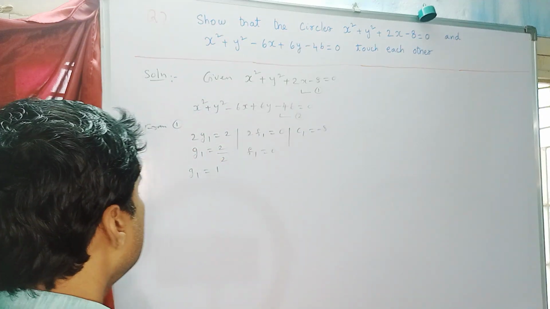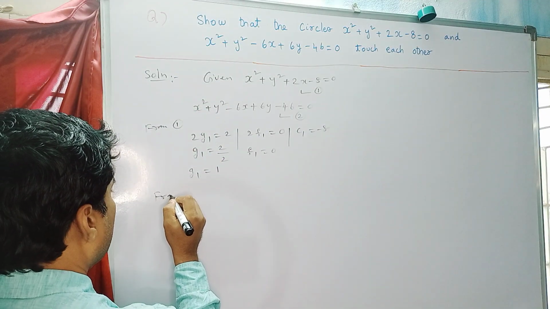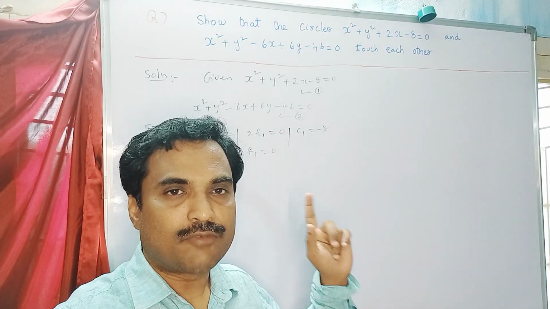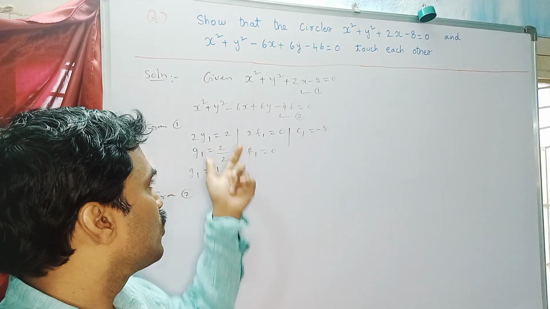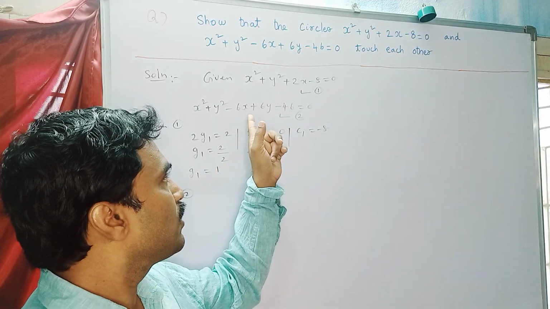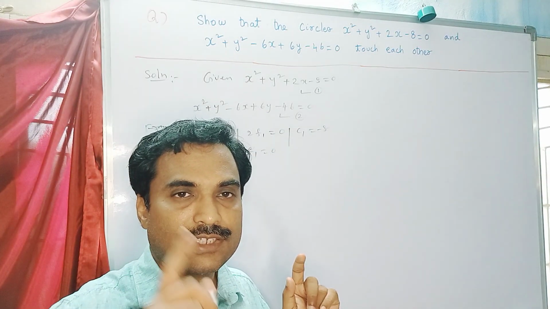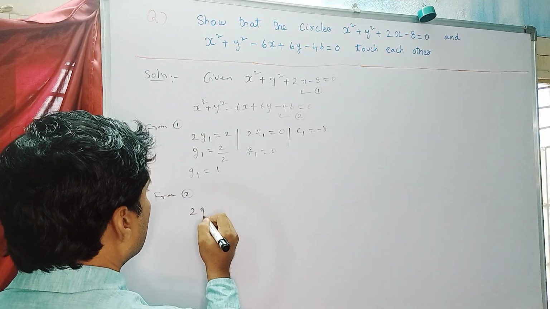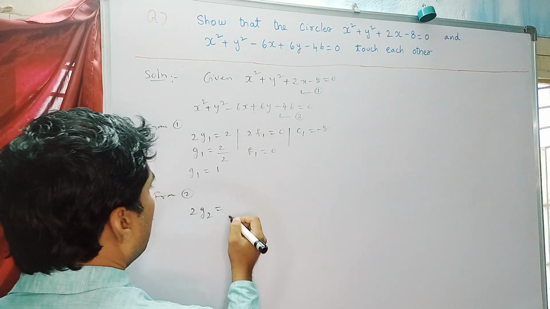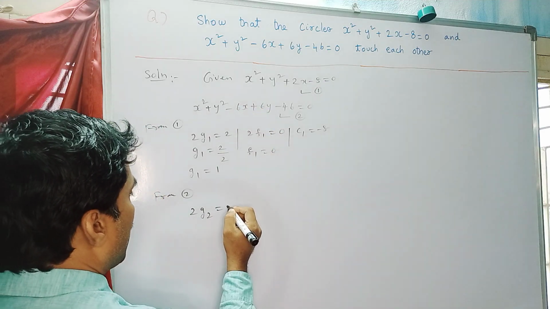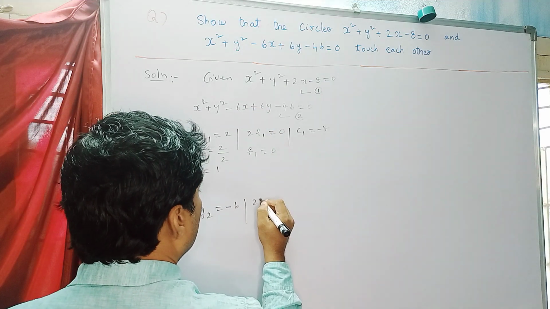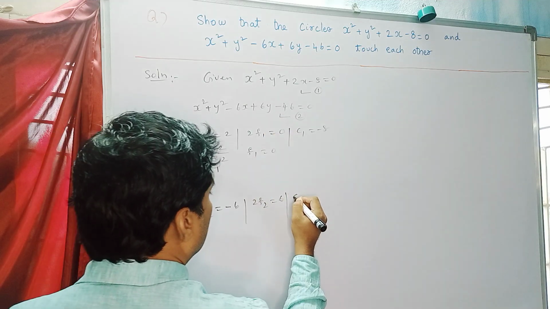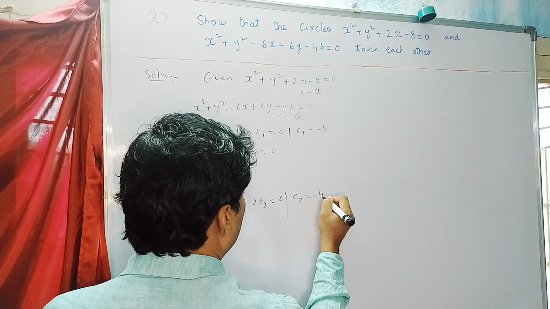Similarly, from the second equation, again you have to compare with the general equation of circle. Here we will write g2, f2 to show the difference. So you compare the second equation of circle with the general equation of circle. Here you will get 2g2 equal to the x coefficient, which is -6, and 2f2 equal to the y coefficient, which is 6, and c2 equal to -46.